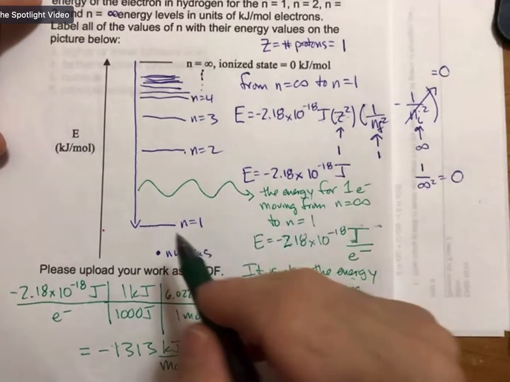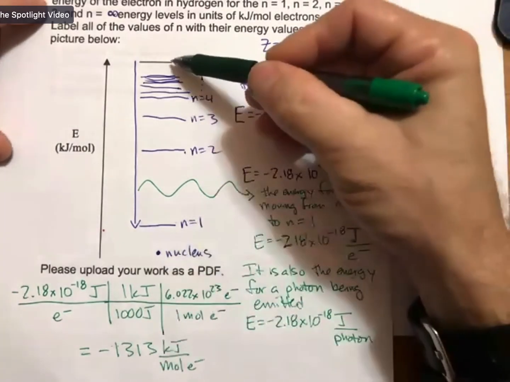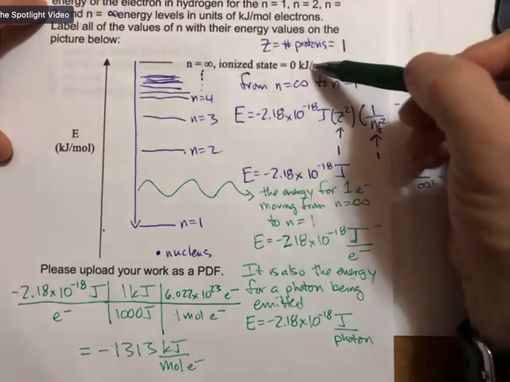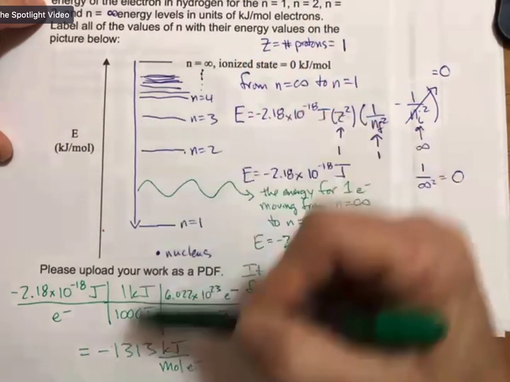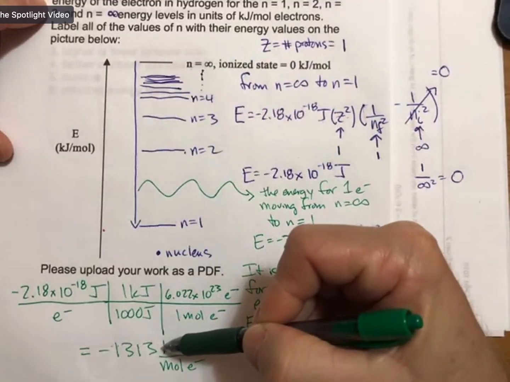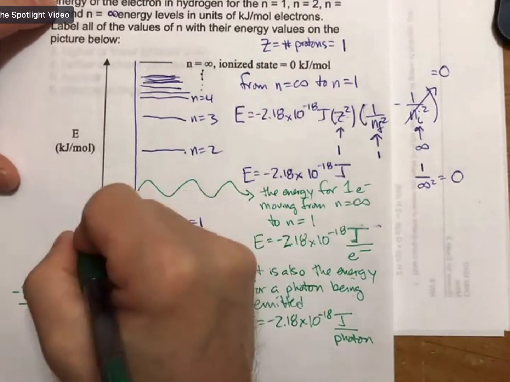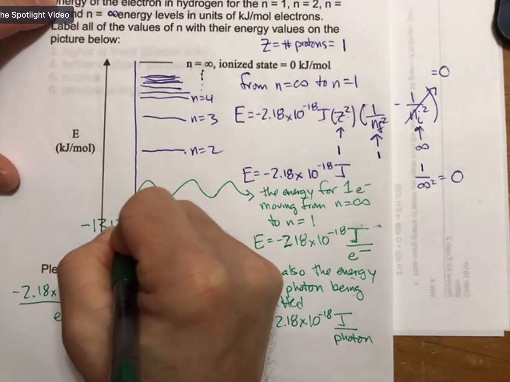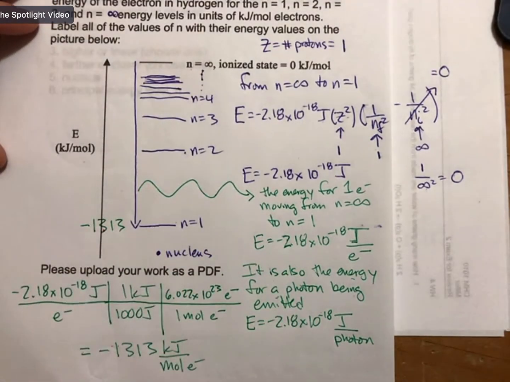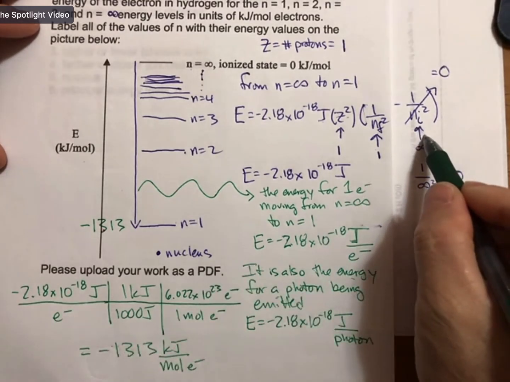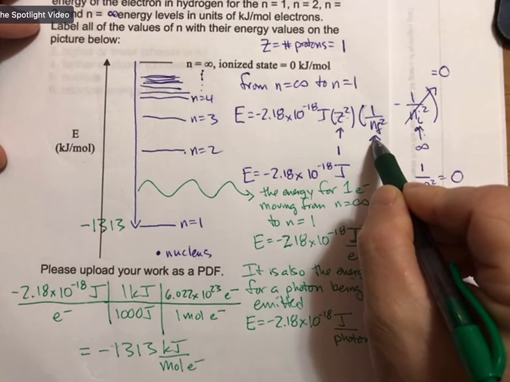Now to add this, we said that this was 0 kilojoules per mole. If the difference here is minus 1313, then the number that goes right here is minus 1313 kilojoules per mole. That's for n equals infinity to n equals 1.